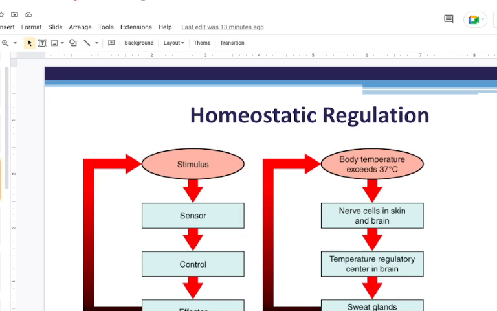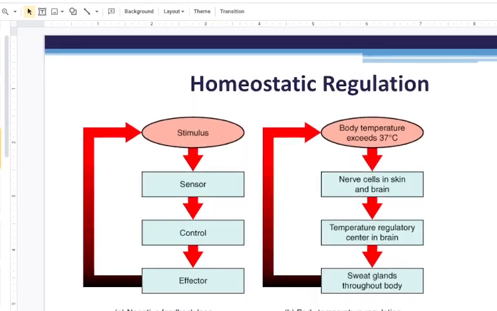We also talked about the regulation of glucose in the body, so please go back and review that video if you guys have any questions. Our body temperature is increased, okay? So then the nerve cells in our skin and our brain are able to sense this change in body temperature.